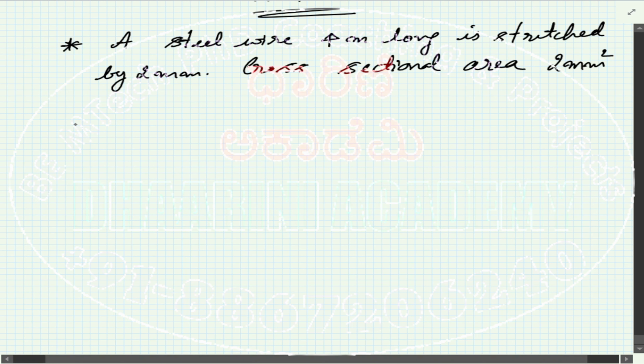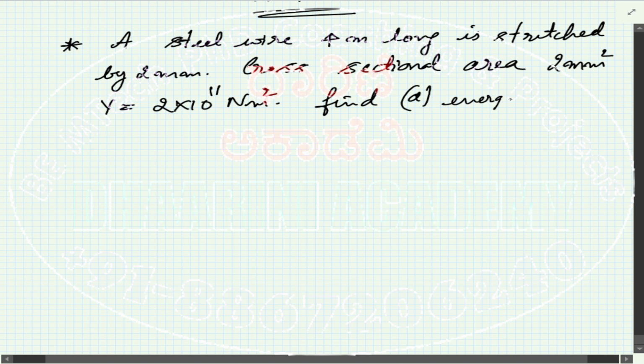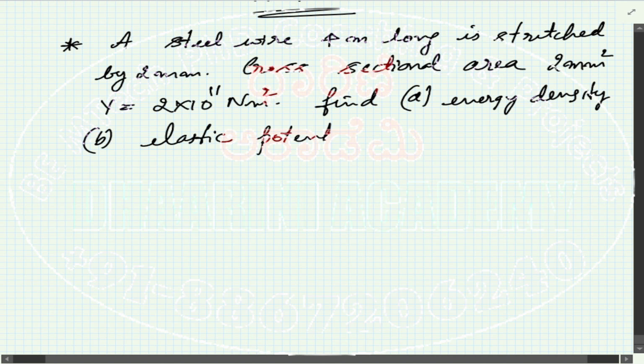And Y is given, Y is equal to 2 into 10 to the 11 Newton per meter square. Right, so the question is: part A is energy density, and part B is elastic potential energy of the wire.